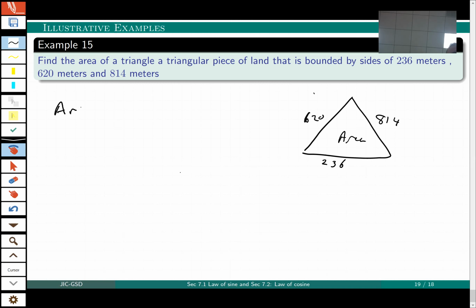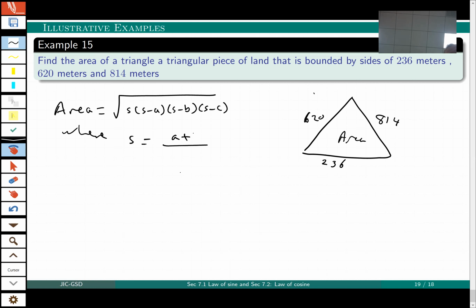Area is defined to be the square root of S times S minus A, S minus B times S minus C, where S is the sum A plus B plus C divided by 2. So S in our case is 620 plus 814 plus 236 divided by 2.